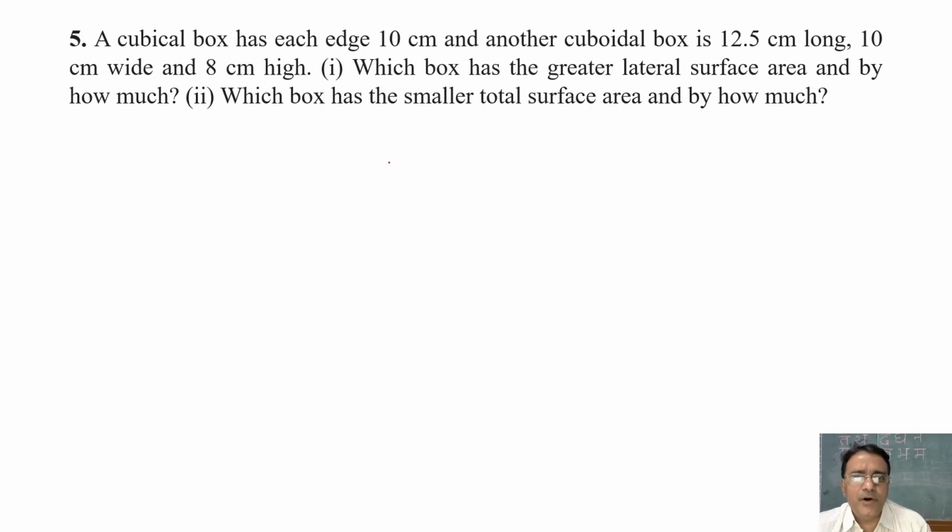A cubical box has edge 10 centimeter and another cuboidal box, cubical box in the form of a cube, cuboidal in the form of a cuboid, 12.5 centimeter long, 10 centimeter wide and 8 centimeter high. Which box has the greater lateral surface area and by how much?